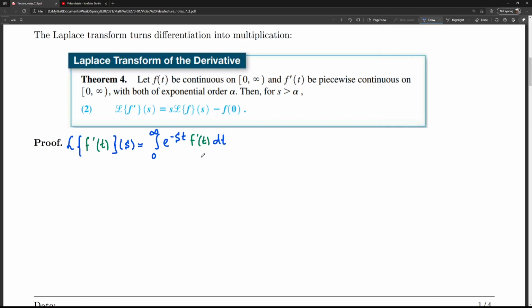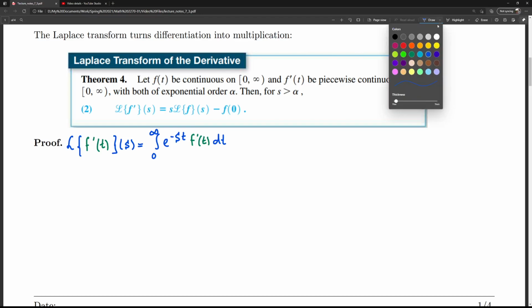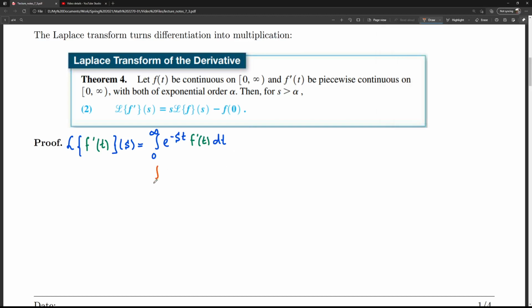Okay, so what we're going to use here is integration by parts. So I'm going to compare this with the integral from 0 to infinity of u dv, and that is equal to u times v evaluated at infinity and 0.